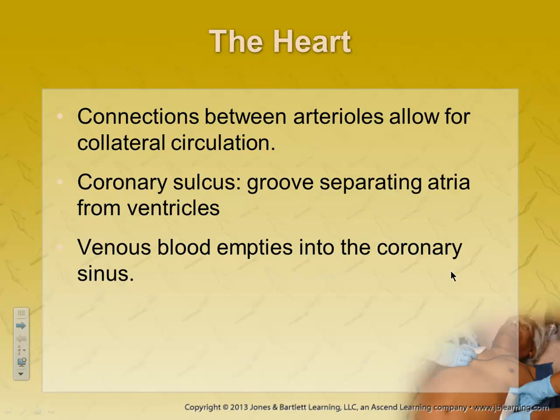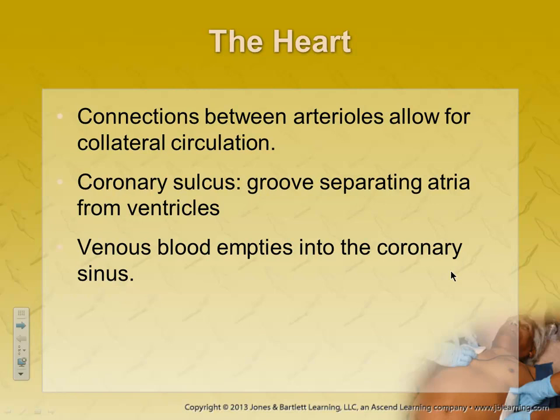So in order to feed the myocardium, you've got your arterioles and your capillaries, which are your microscopic blood vessels that are going to do all your oxygen onloading, offloading, and your gas exchange. The coronary sulcus is a groove on the heart separating the atria from the ventricles.